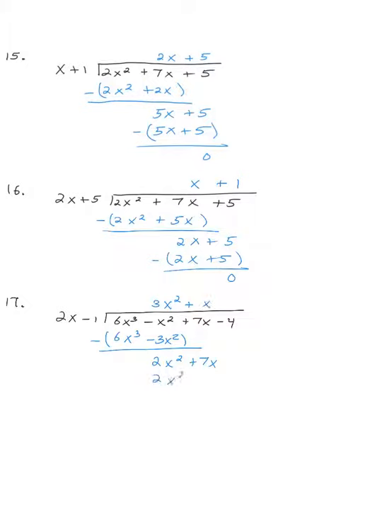That's 2x squared minus x. When I take the difference, again being careful with the minus and minus, 7 plus x is 8x minus 4. If I now multiply by a positive 4, I get 8x minus 4. The difference of these two things is 0, meaning our remainder is 0. Therefore, I factored this polynomial with these two.